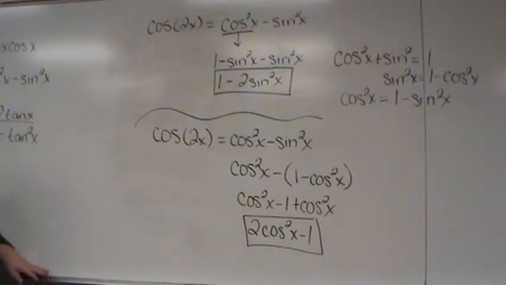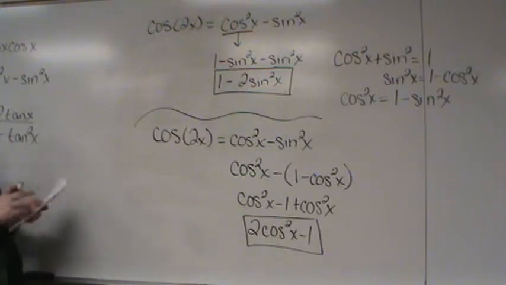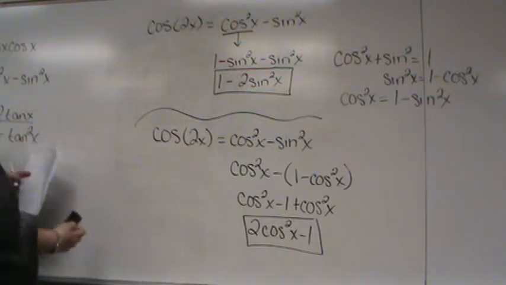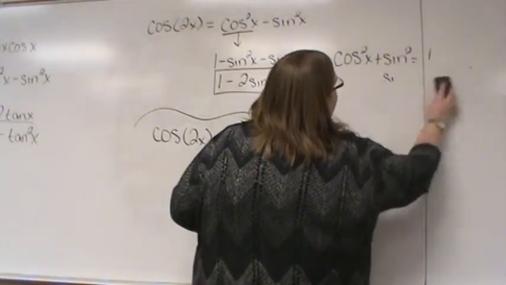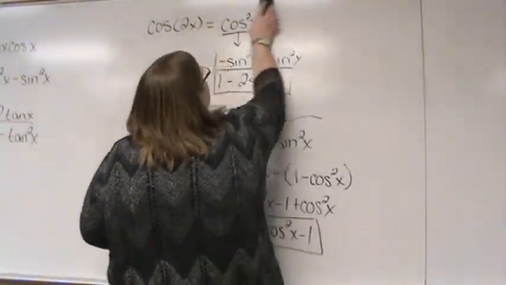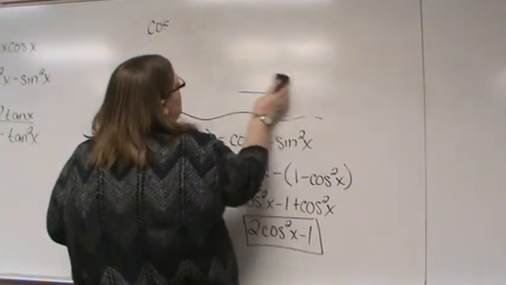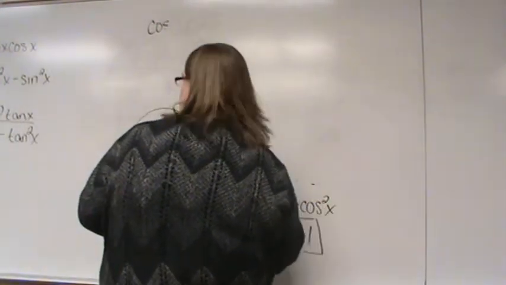So altogether we have actually 3 versions for solving cosine of 2x. So now we're actually going to look at example 1. And example 1 should look fairly familiar.